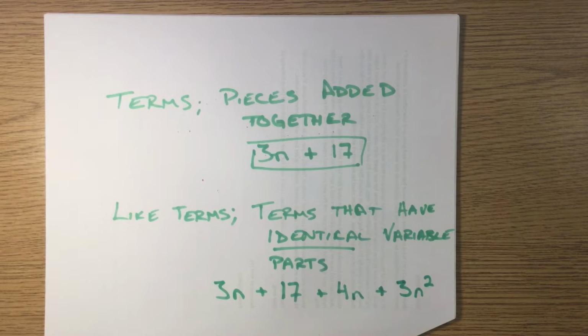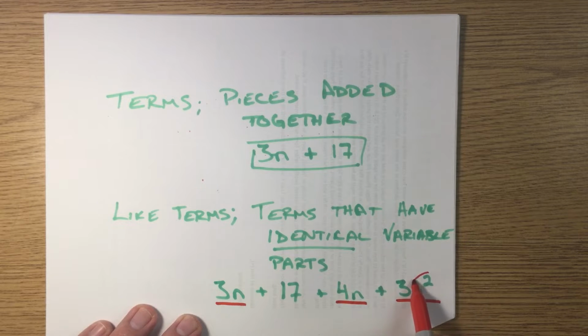In this example, we won't see a lot like this, but I want to point out a couple things. We've got 3 terms in here that have the variable n. But in one of them, my variable part is a little bit different because it's got this exponent tagged onto it. These are not all like terms.